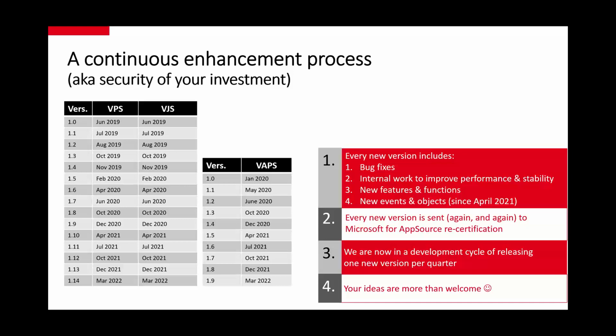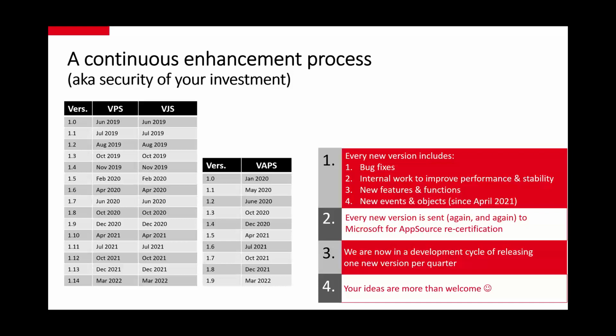We continuously invest in our products, we continuously enhance them, and with every release, we do some internal housekeeping, we provide bug fixes, we provide new features and functions, and also in some cases we enhance the API of the extensions, because a year ago we made the extensions extensible.